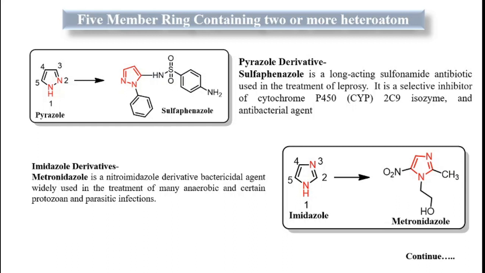So the first example is pyrazole. This pyrazole contains two nitrogens at position numbers 1 and 2, and this is the five-member ring.